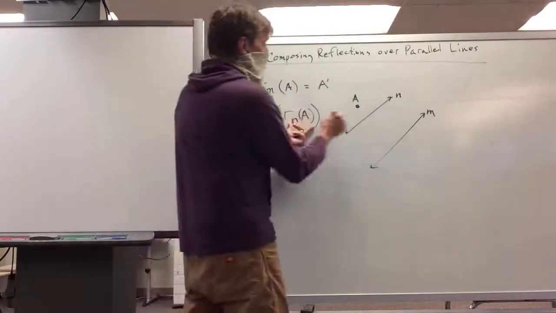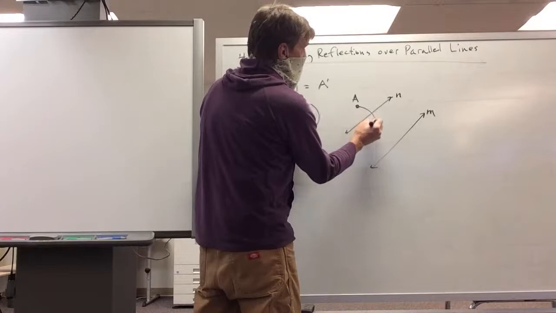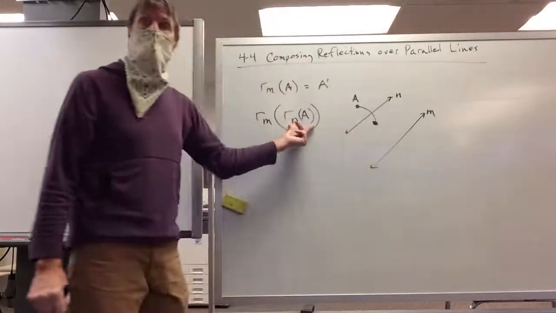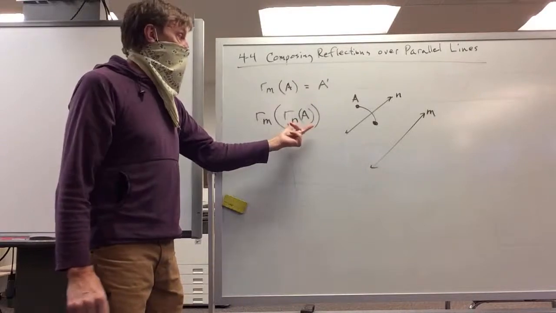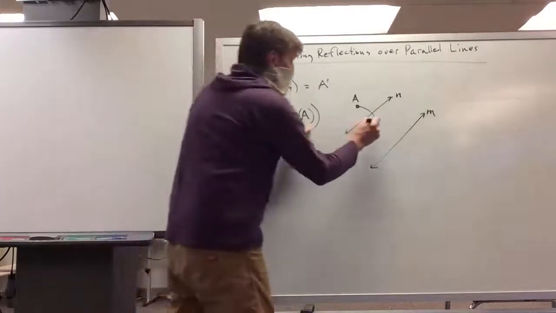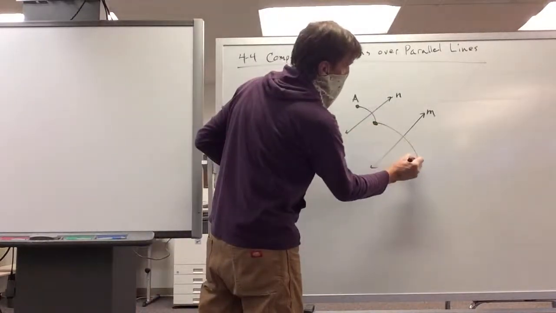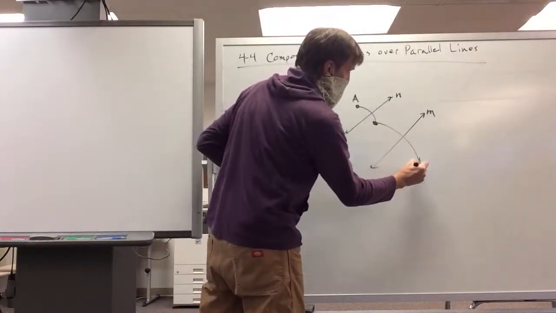So if I was to take A and reflect it over N, that would become a point. And then if I took that point and reflected it over M, then this goes out here.